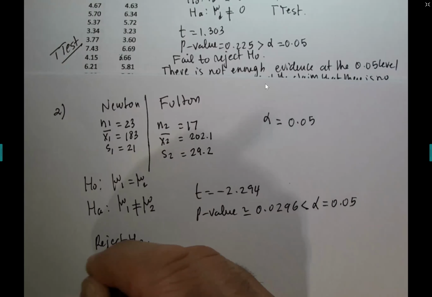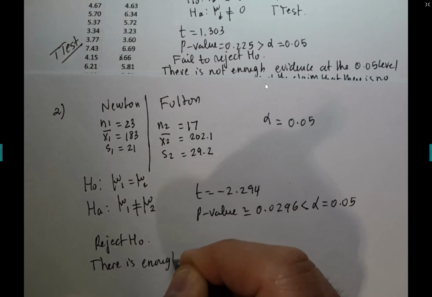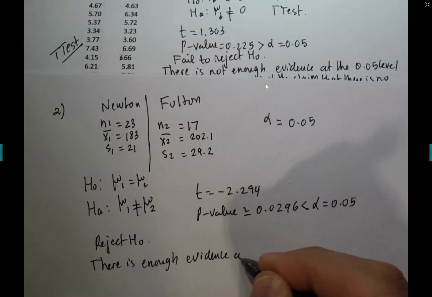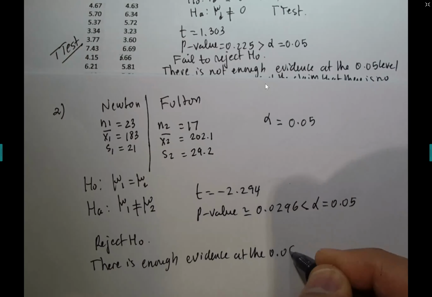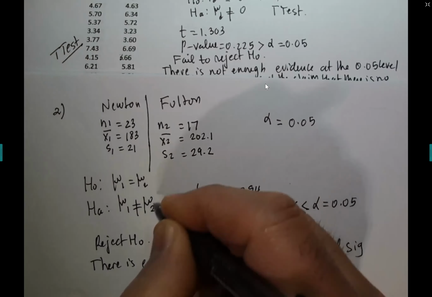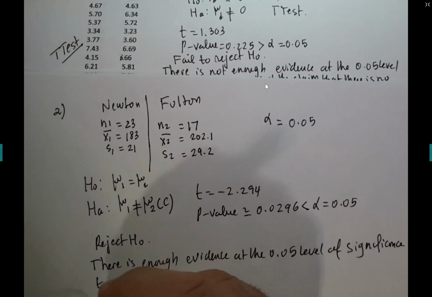And we conclude there is enough evidence at the 0.05 level of significance. Oh, the claim is right here, sorry. To what, guys?